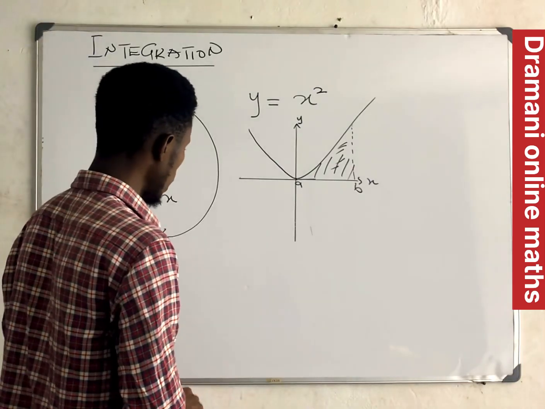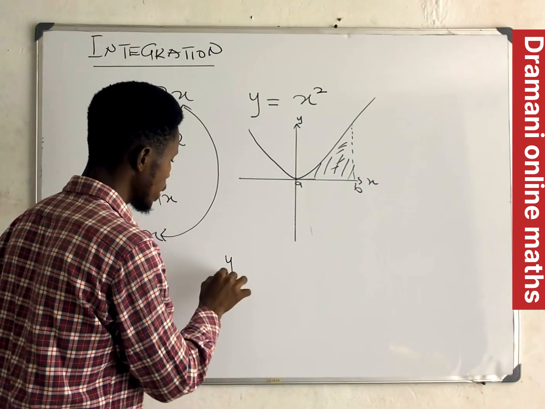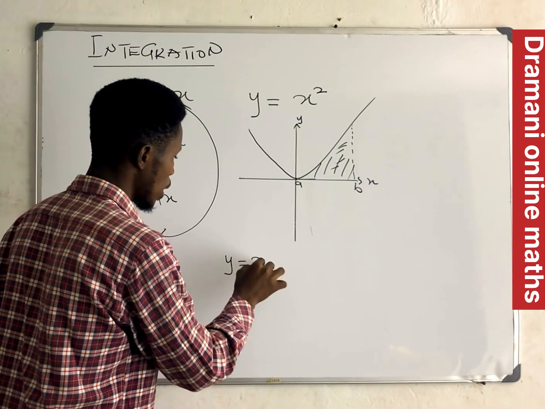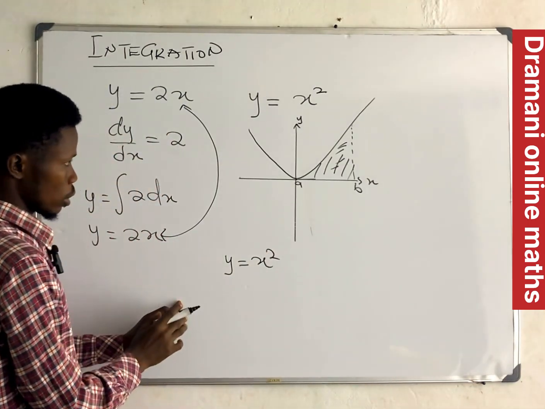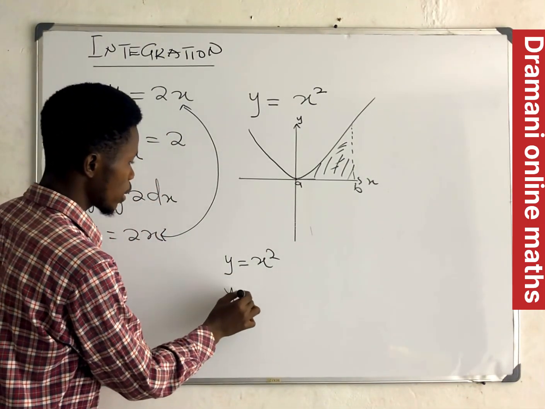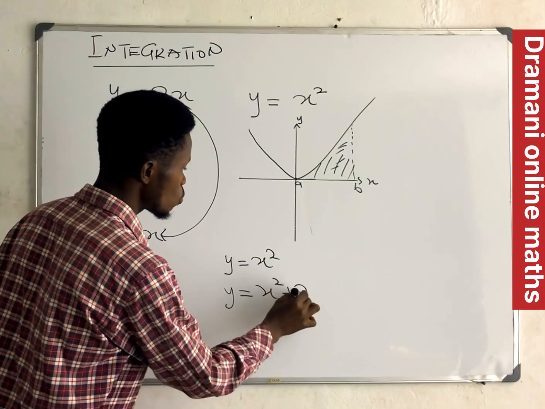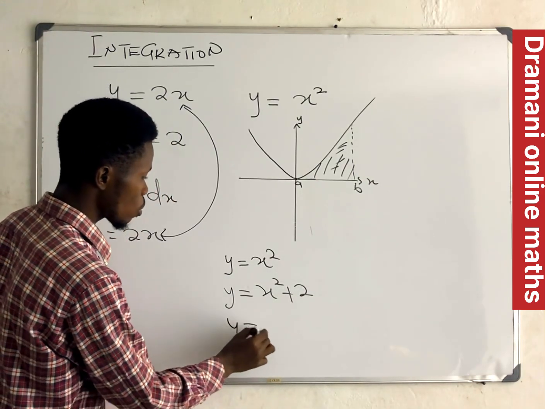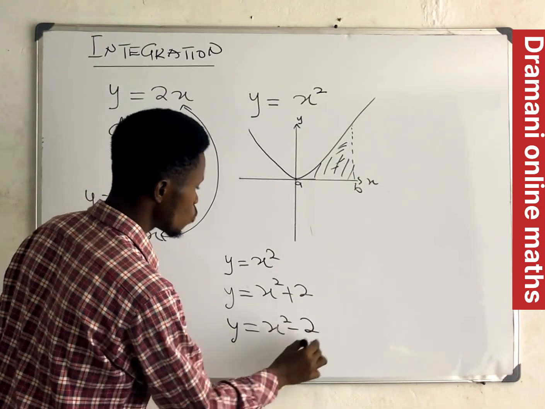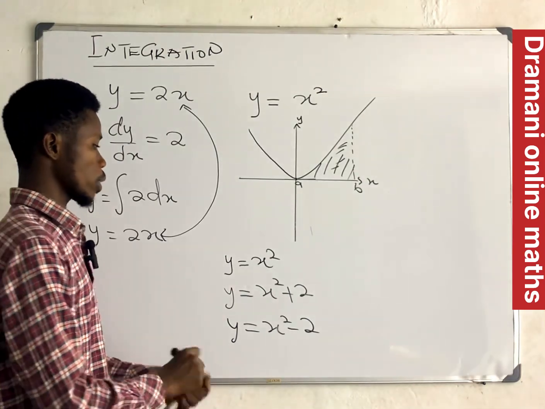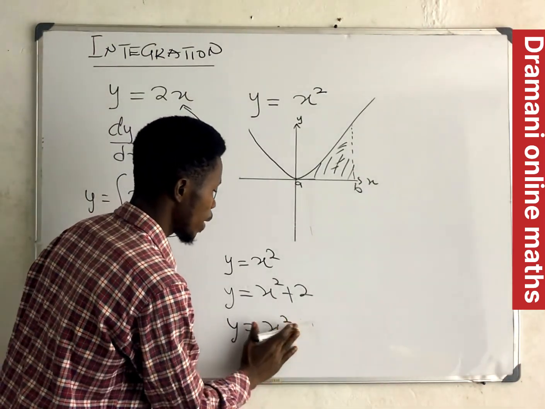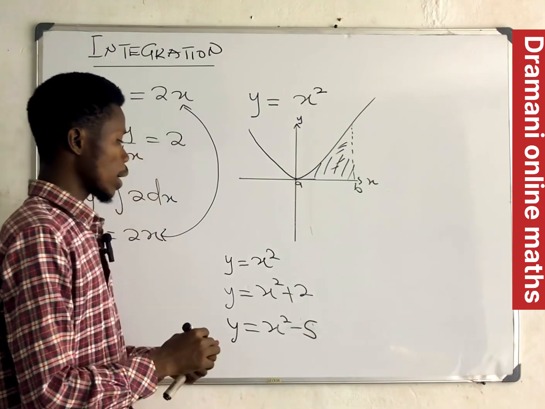Thank you very much. Now let's look at some examples. If I have y equals x squared, and also y equals x squared plus 2, and y equals x squared minus 5.